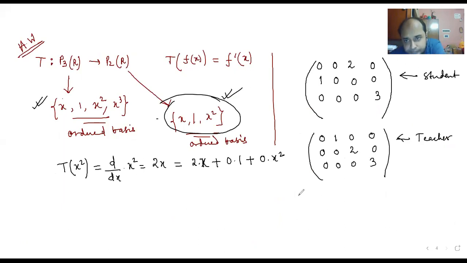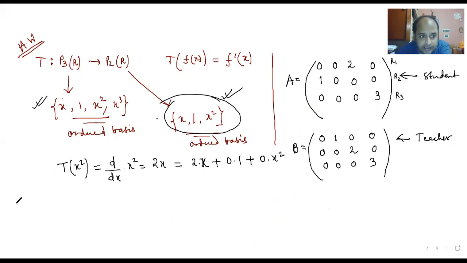Okay, so this is my matrix capital A, this is my matrix capital B. Suppose this is my row 1, this is my row 2, this is my row 3.